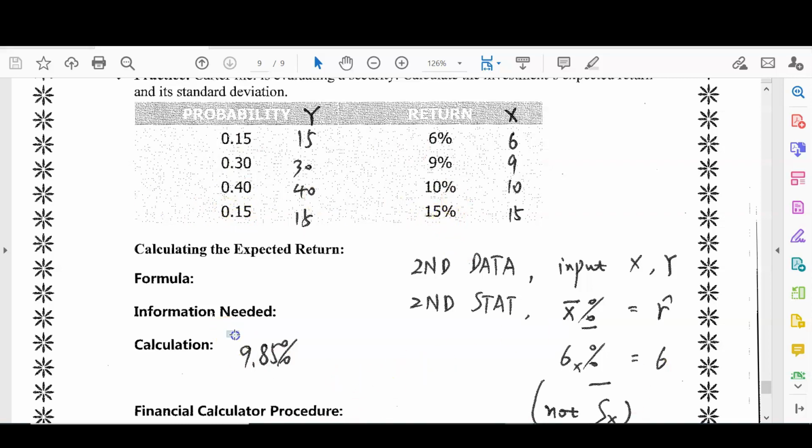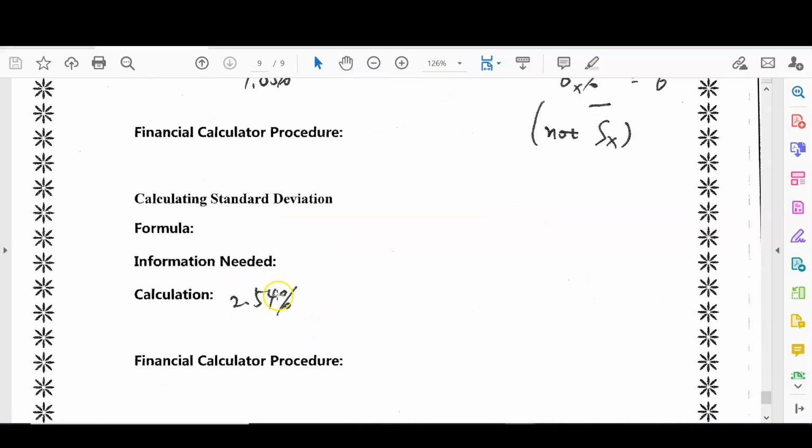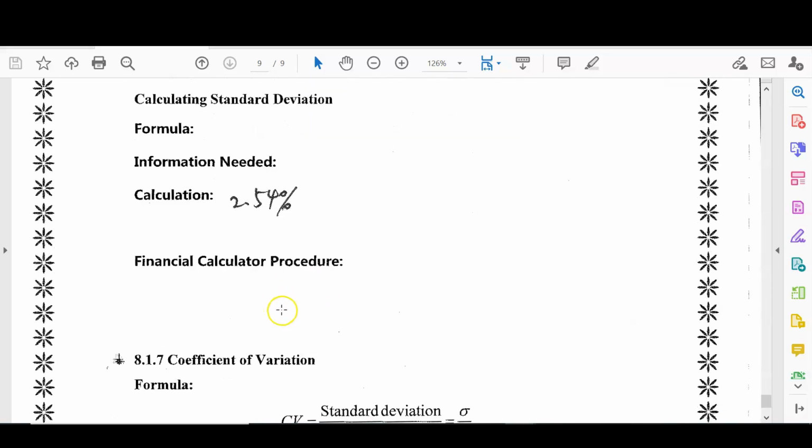So you have 9.85%. And for standard deviation, you have to use these 4 returns, each minus the expected return, 9.85%, square it, multiply by each probability, add them up, take the square root, so you get 2.54%. Okay, that's return and standard deviation.